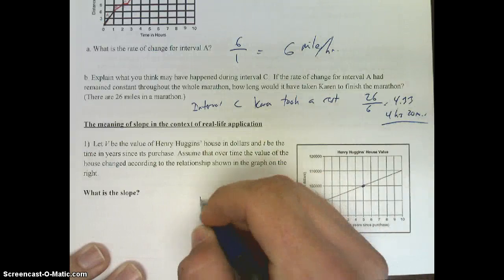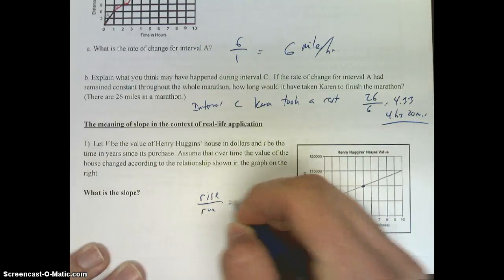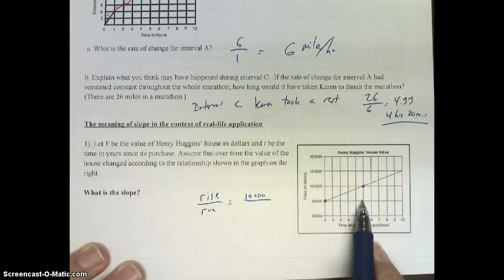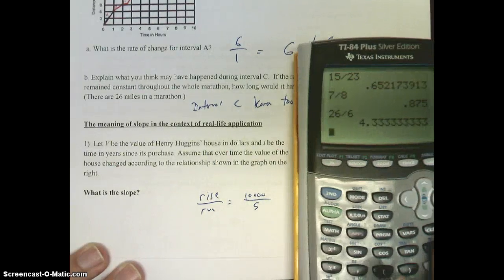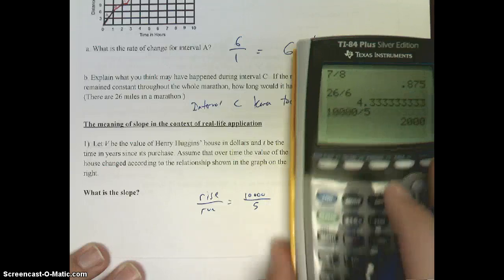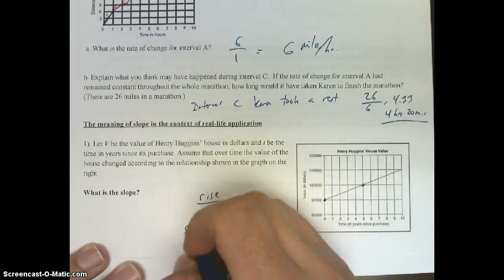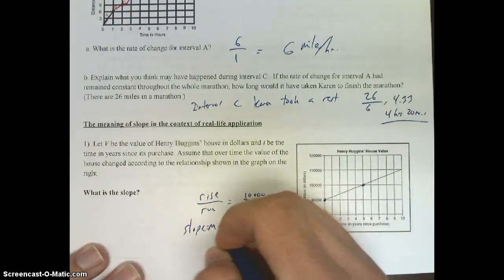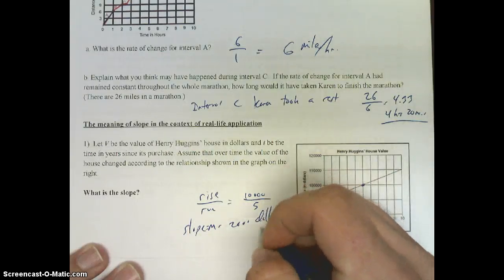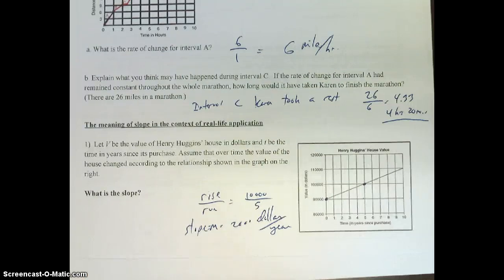So my rise over run, 10,000, and I'm running it over a period of 5 years. So I'm just reducing this down. Guys, use your calculator. Use your technology. $2,000. So your slope, your M, is $2,000 per time, dollars per year. All right? Looking good.